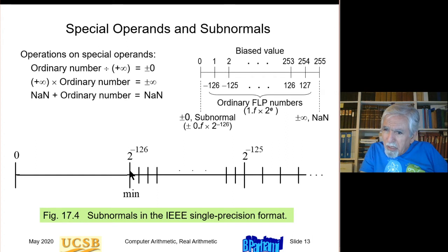That smallest number will have the significand equal to 1, the fractional part 0, times 2 to the minus 126. Now with subnormals, we can multiply this 2 to the minus 126 by a fraction, and therefore we can have numbers in that gap.